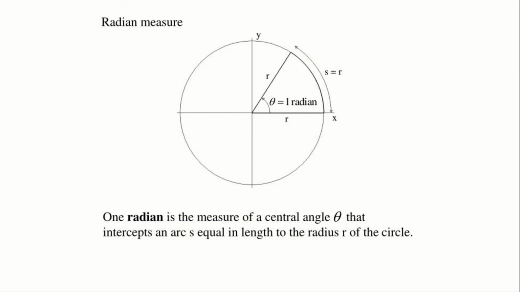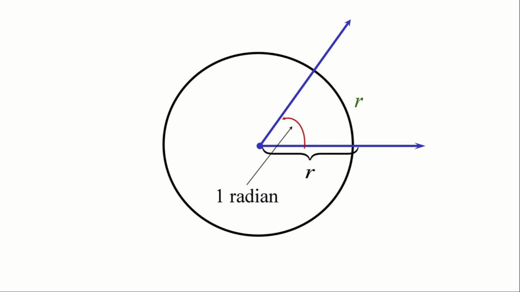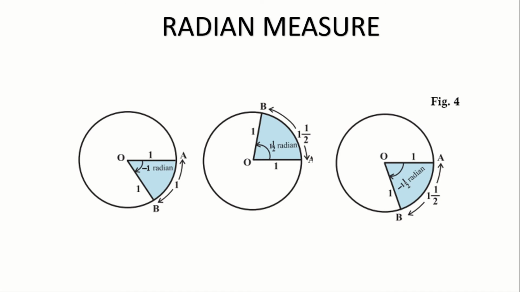At that time we will get a central angle, and that is said to be 1 radian. In small letters we can say it as s. The arc is equal to the radius; up to that we consider the central angle as 1 radian. So that is 1 radian when the arc and the radius are equal.